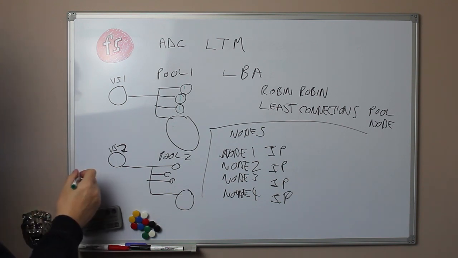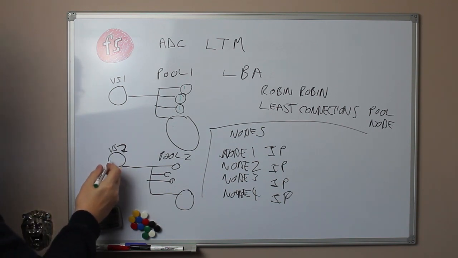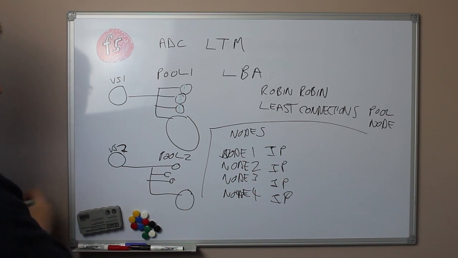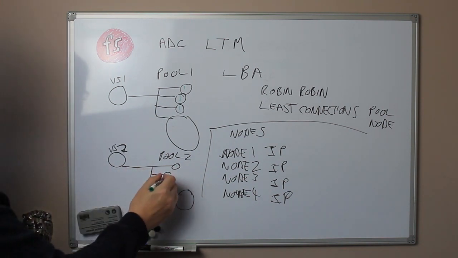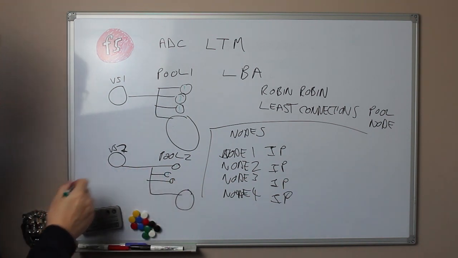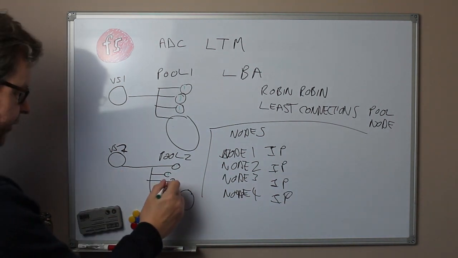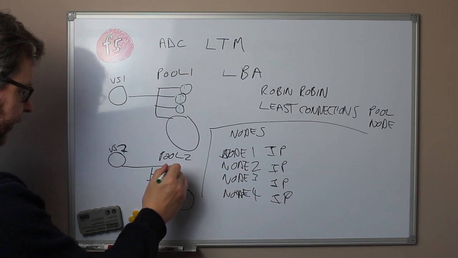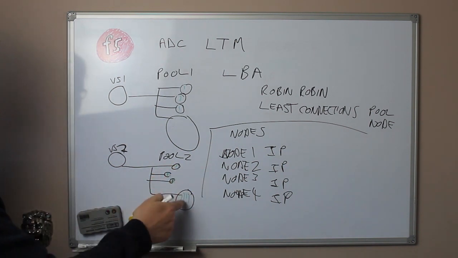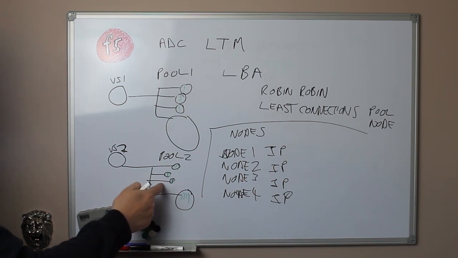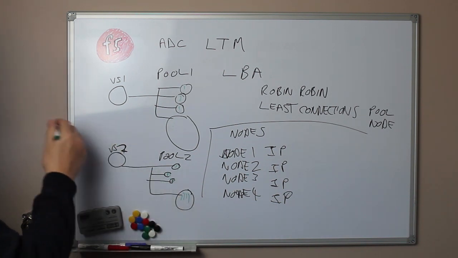Now a request comes in for virtual server 2, goes to pool member 1. Virtual server 2, pool member 2. Then now virtual server 2 gets bombarded with requests, so loads of requests come in. So we end up with each of the pool members has lots and lots of requests and connections.